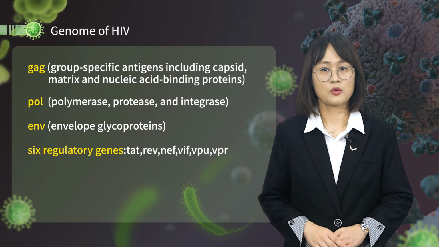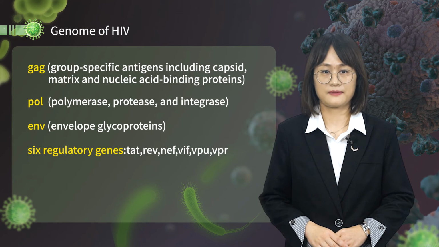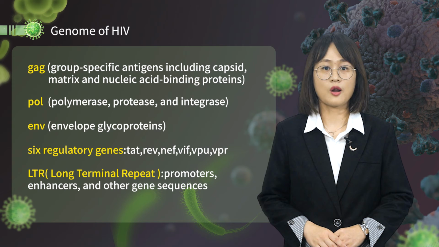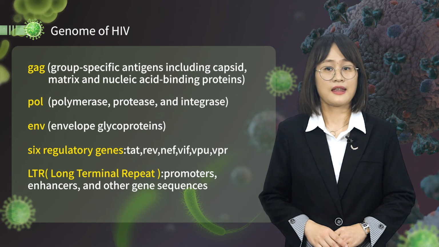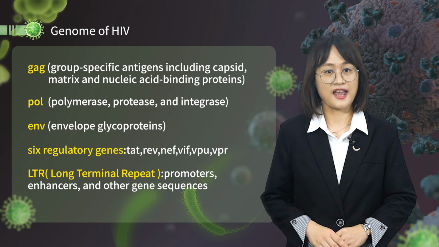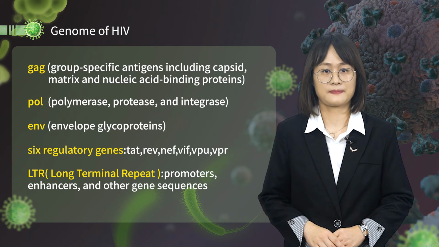And 1, VPR, encodes a transcriptional activator. At each end of the genome are long terminal repeat, LTR, sequences. The LTR sequences include promoters, enhancers, and other gene sequences related to binding different cellular transcription factors.